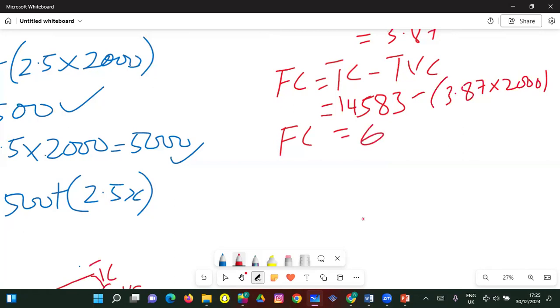Now it is going to be 6,843. That will be our fixed cost.